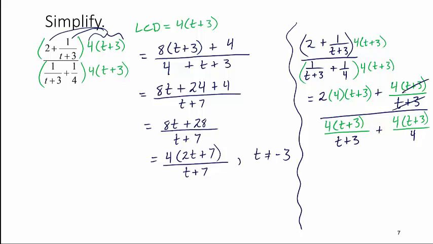We get to cancel the t plus 3 there, and the 4 down here. So we end up with 8 times t plus 3 plus 4 divided by 4 plus t plus 3. And then we simplified it from there. But that's the same thing we got initially.